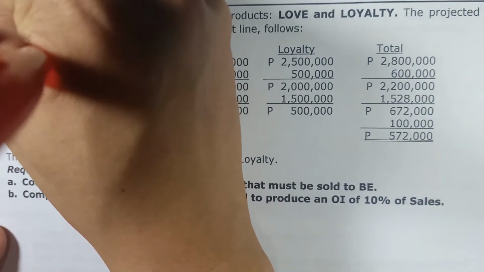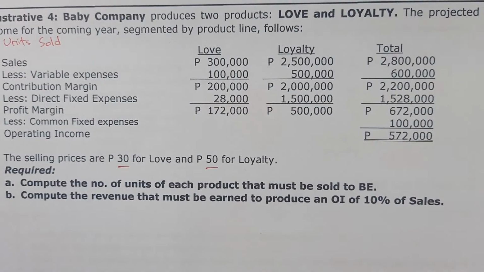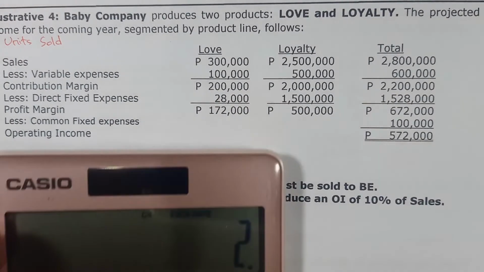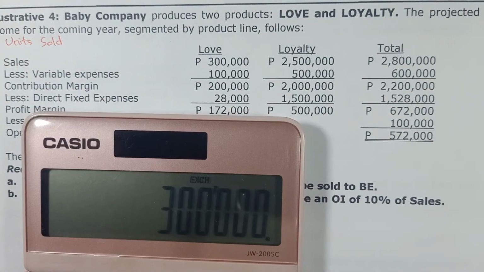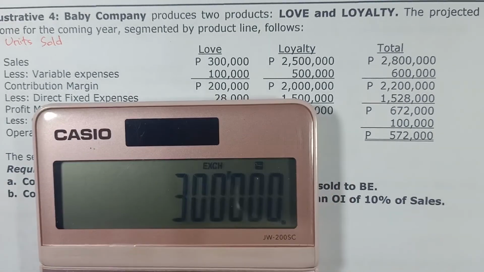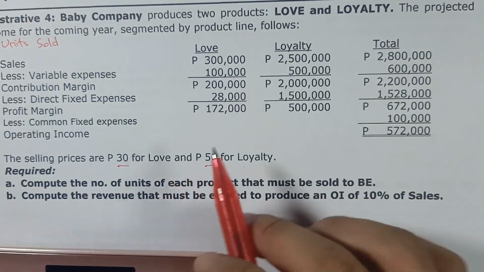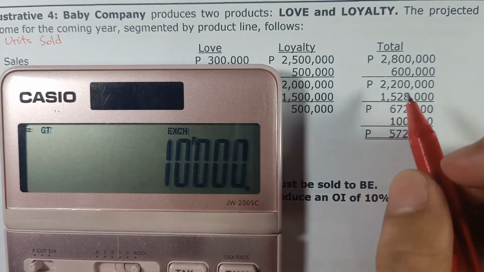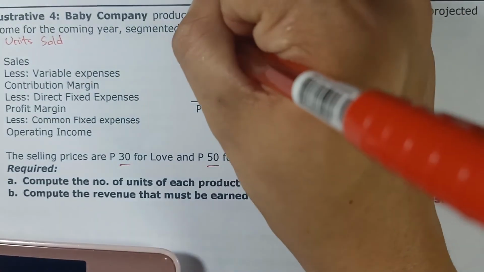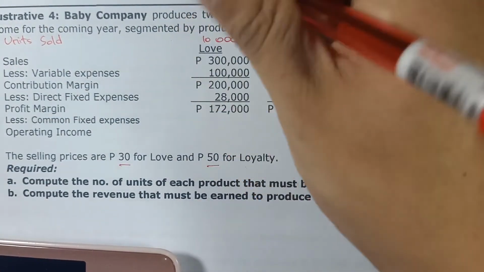Again, let's now compute the units sold. Okay na. So, 300,000 divided by 30, kasi 30 pesos ang selling price nila, that will give us 10,000 units. So, nakabenta tayo ng 10,000 units of love.